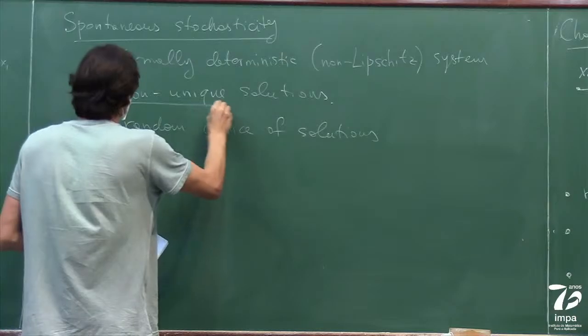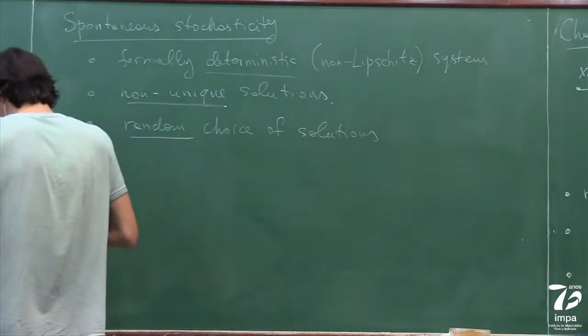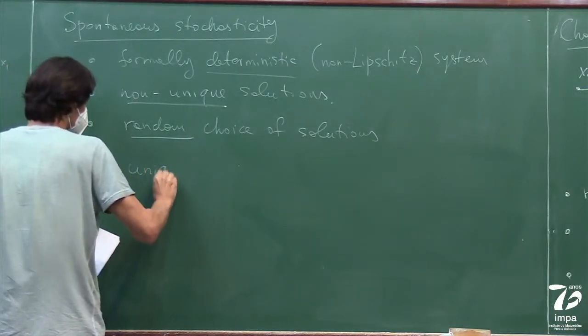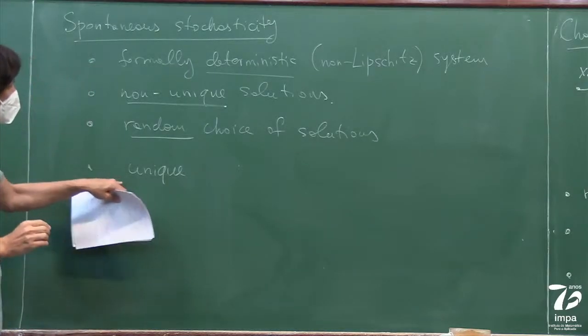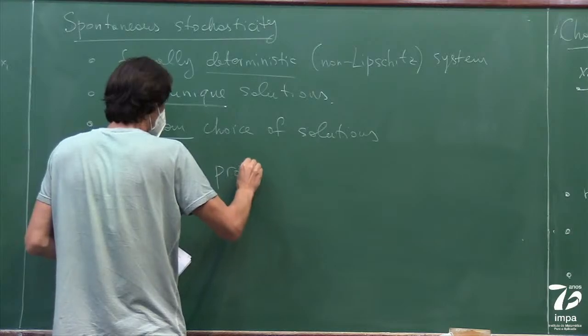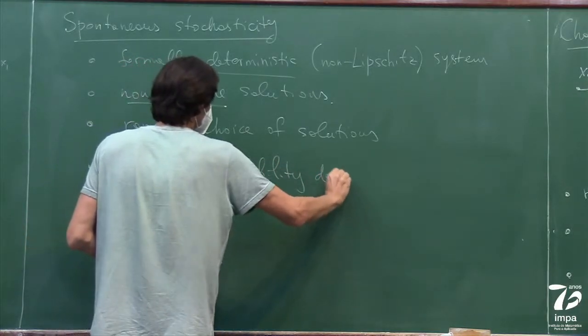So it's non-unique and random and deterministic. And at the end, it gives a unique, so the uniqueness only remains in the probability distribution.